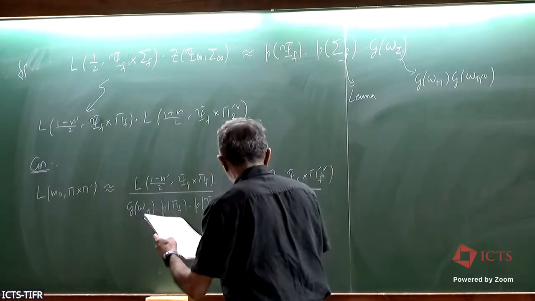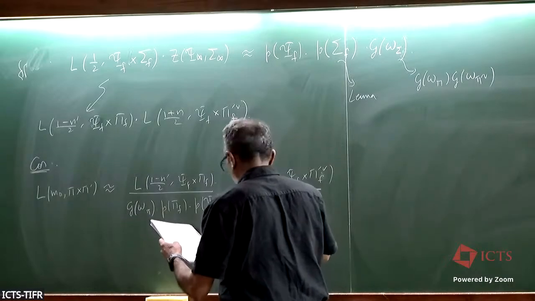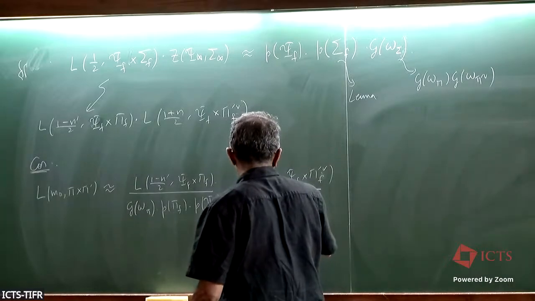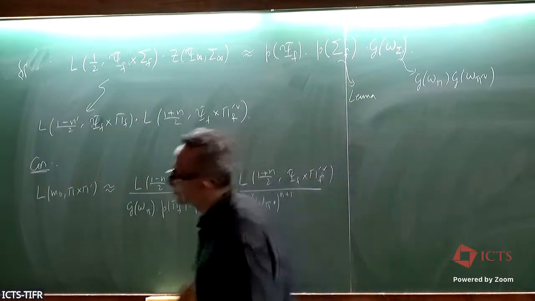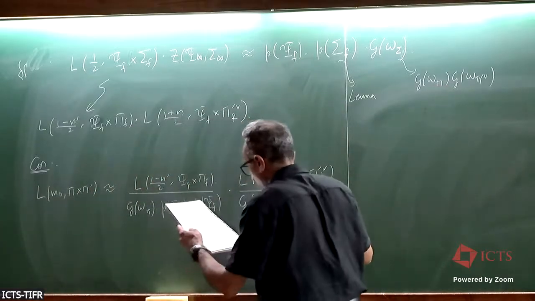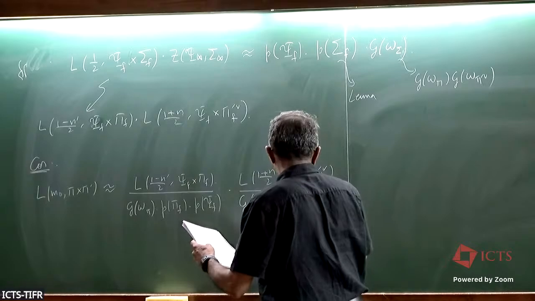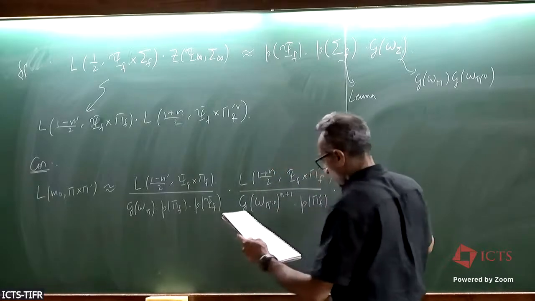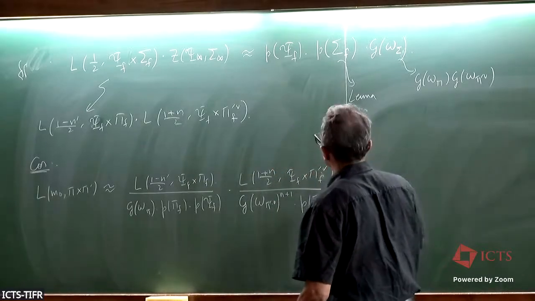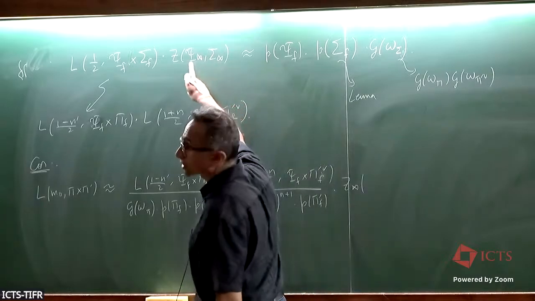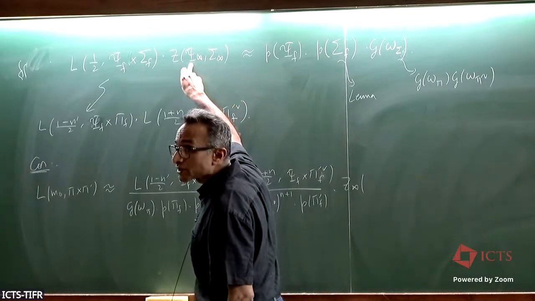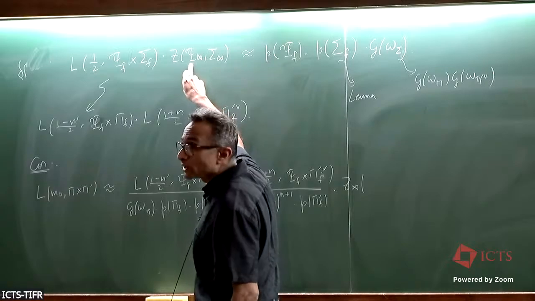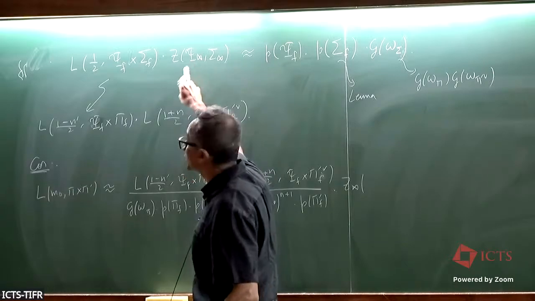the Gauss sum of the central character of pi prime check to some power n plus 1. There is 1 from here and 1 from that period relation in that lemma, times the period of pi prime f, times this Archimedean factor, which depends only on the representations at infinity. The representations at infinity depend only on the highest weight. Psi infinity depends on gamma.